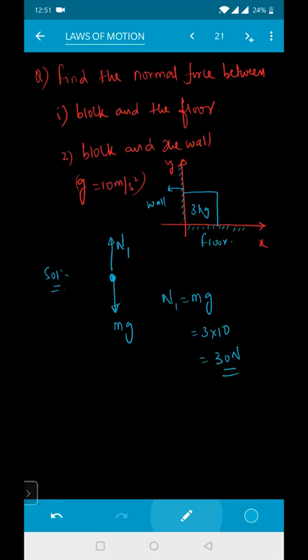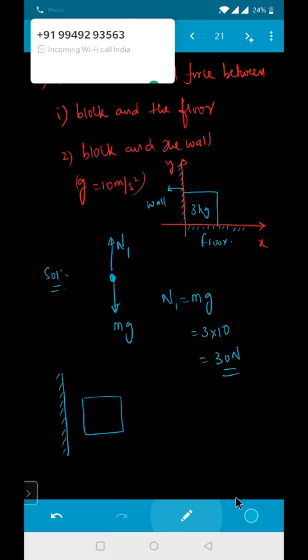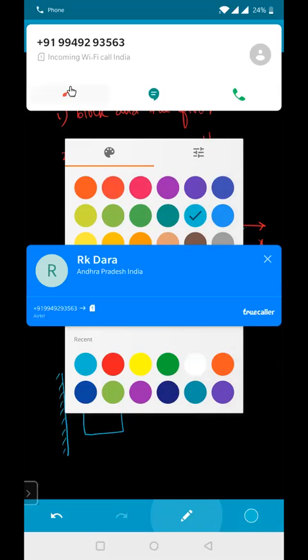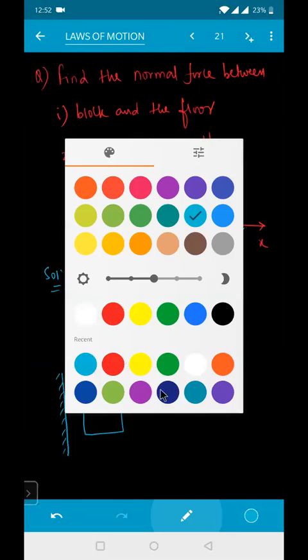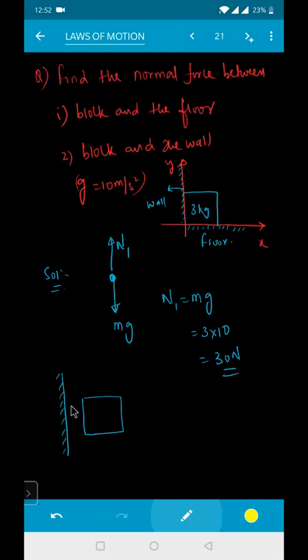Now what is the normal force between the block and the wall? How much will it be? Is this block moving in the horizontal direction? Now see, this is your block and this is your wall. The wall will exert some force on the block, and the block also exerts some force on the wall.